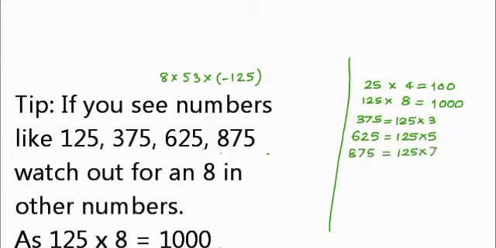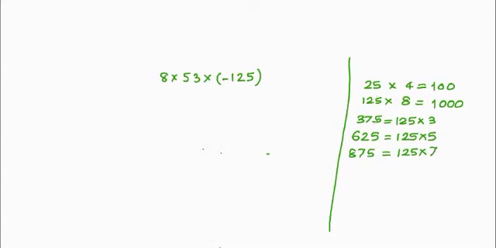So whenever you see any of these integers, 25, 125, 375, 625, 875, please try to locate the associated integer. For 25, look for 4. For 125, look for 8. For 375, 625, and 875, which are multiples of 125, again, look out for 8.